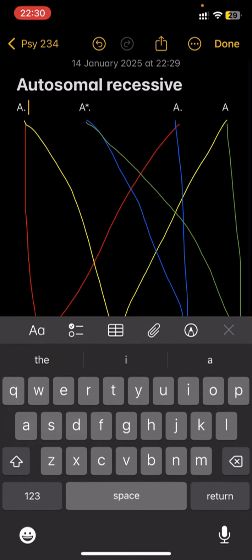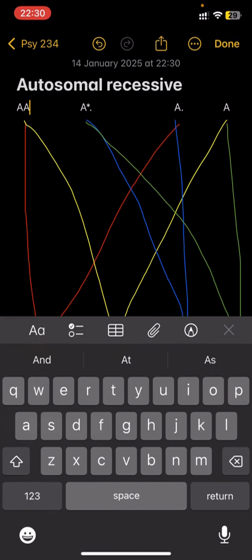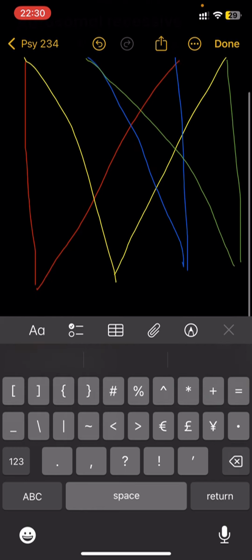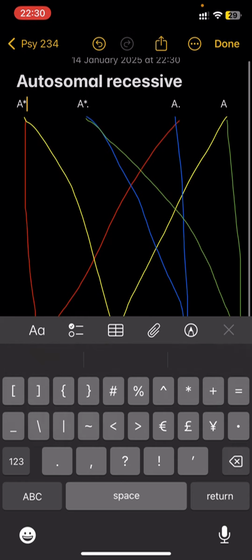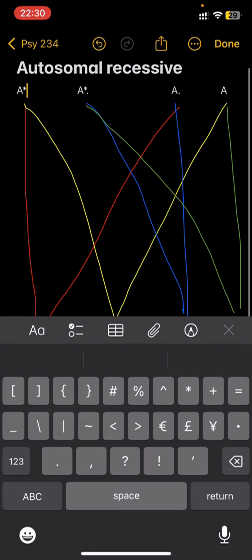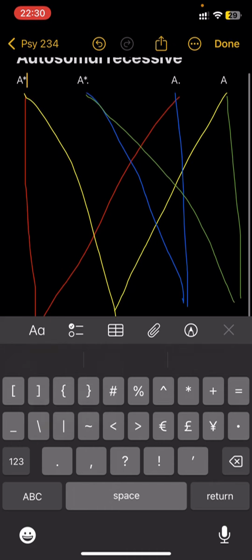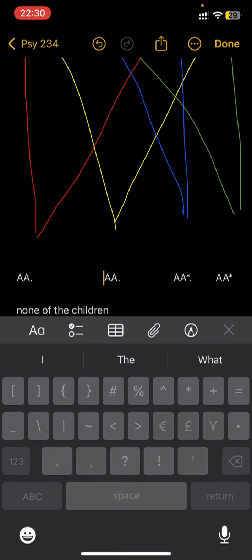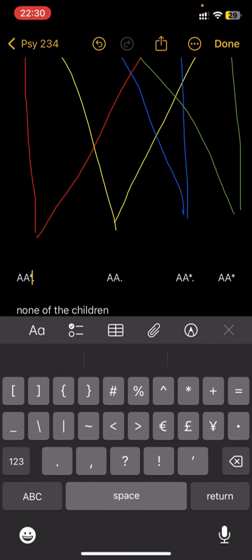But if, for example, let's say this mom has, or this dad has another one. So what is now going to happen? This red, there's going to be a lot of changes. So now this is going to be like A star.